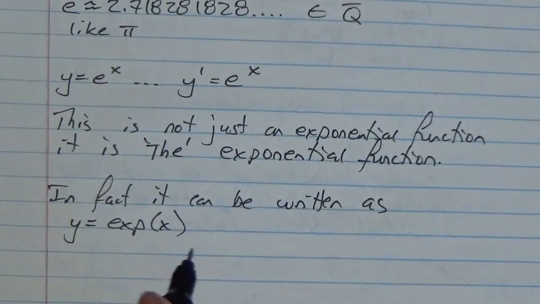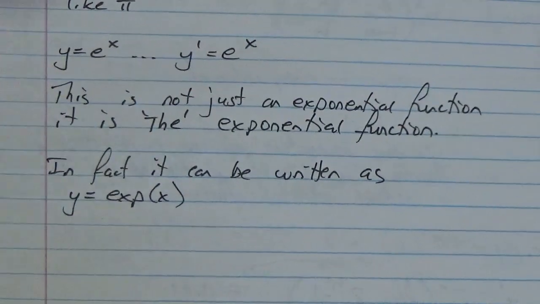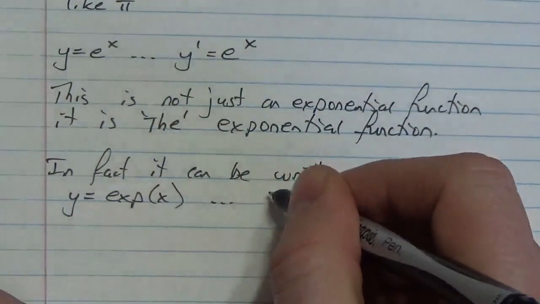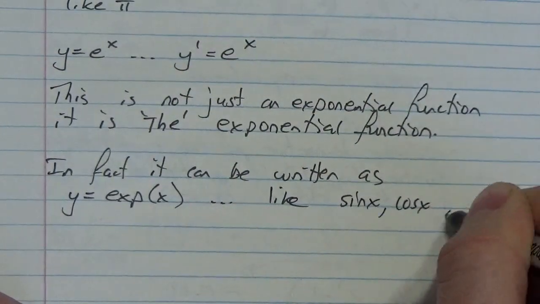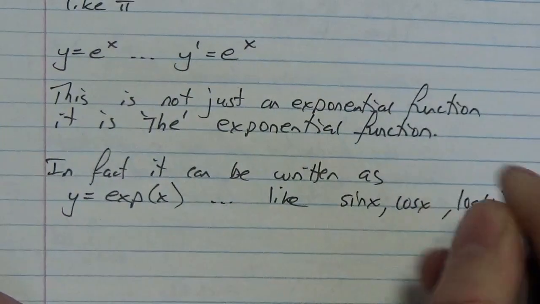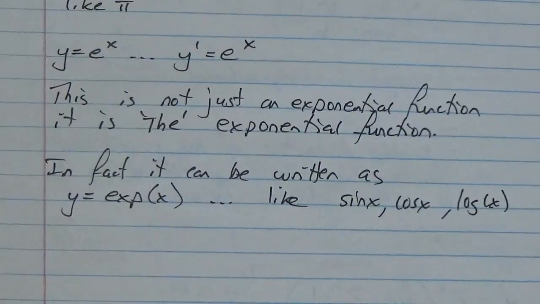So when you see that, that means exactly the same thing as y equals e to the x. This is like sine of x, cosine of x, log of x, those sorts of expressions. But exp of x, that is the exponential function.